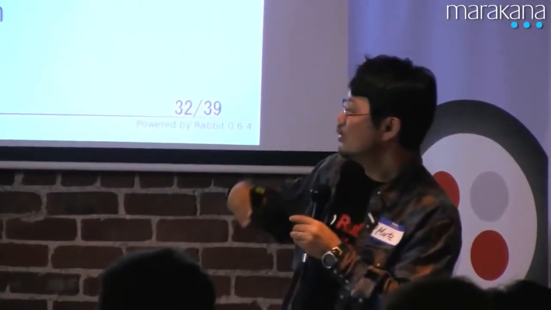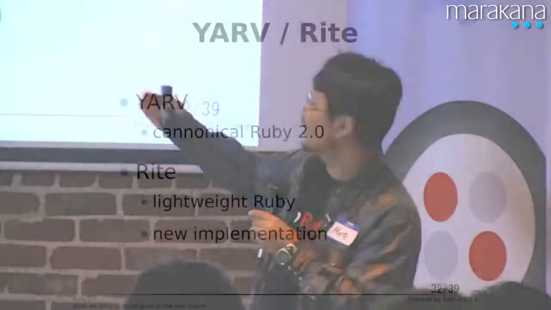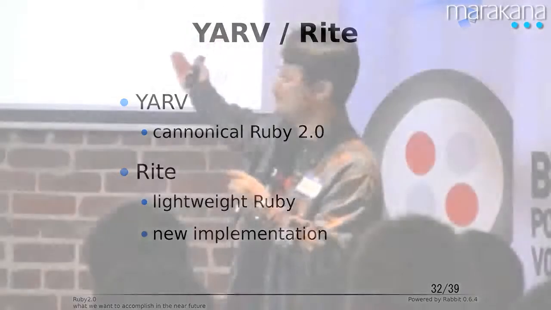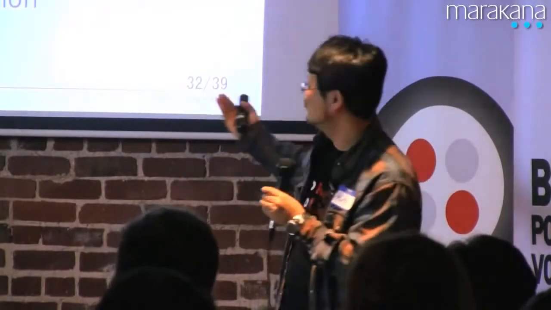So for Ruby 2.0, we will continue to work on YARV, the canonical Ruby 2.0, and we started the lightweight Ruby, which Professor Tanaka introduced to you, and which we codenamed Write, light and write. It's quite difficult for us to distinguish L now.